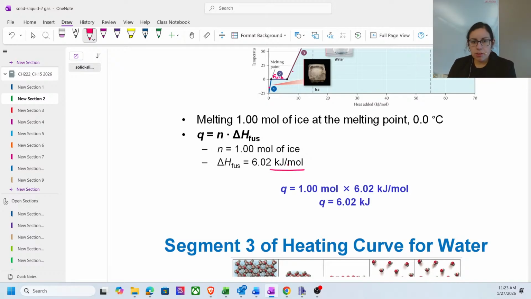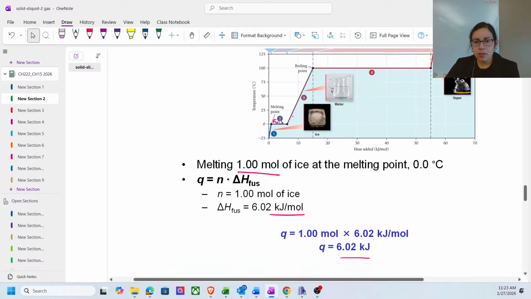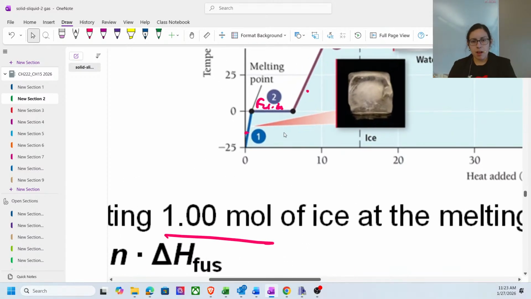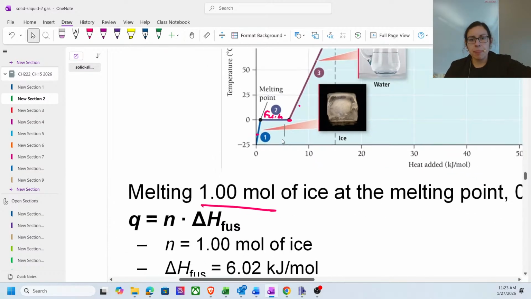We're just doing a state change, so all we need is our molar amount. We're given 1 mole, so 1 times 6.02 gives us 6.02 kilojoules there. So that's our state change. So now we're here, we just finished our state change. Just making sure we're all following.